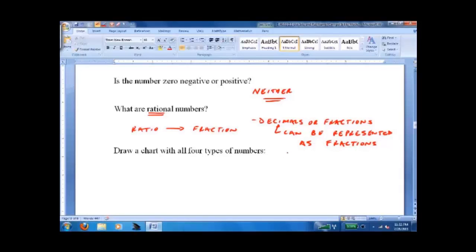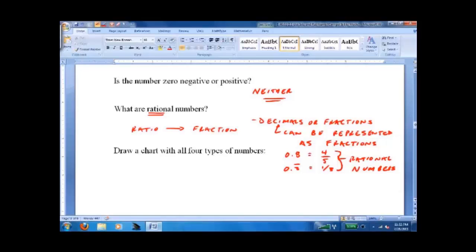So for example, 0.8 is 4/5, and 0.3 repeating is 1/3. These are both rational numbers. Now the rational numbers also completely include all the integers, which include all the whole numbers, which include all the natural numbers.